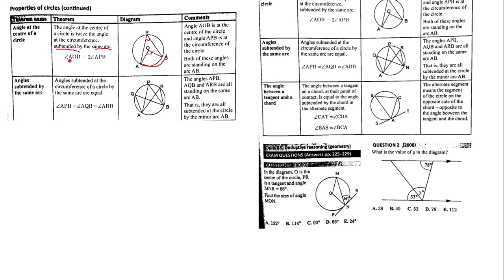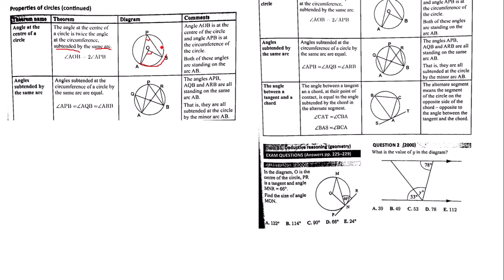Well, angle AOB, the one at the center, is 2 times the angle at the circumference. You can see by the look of the angle, this one is a bit wider than the one at the circumference right there, and the one at the center is exactly 2 times the angle at the circumference.